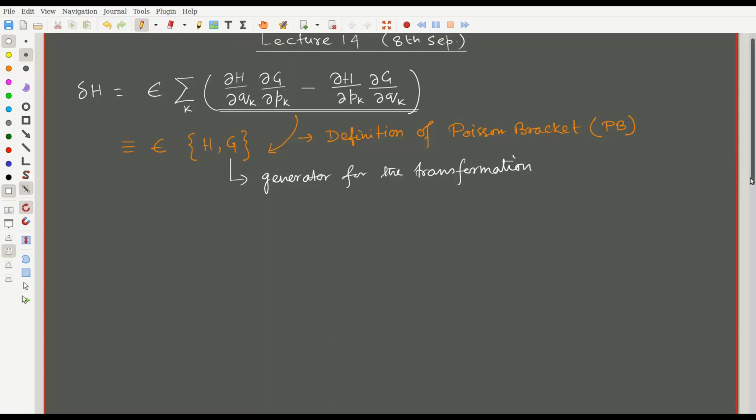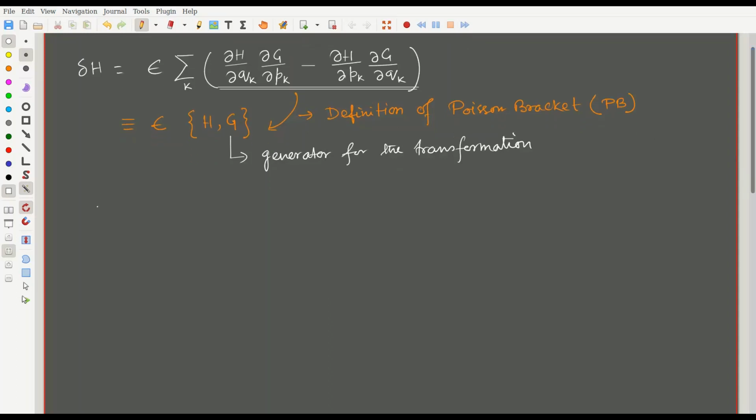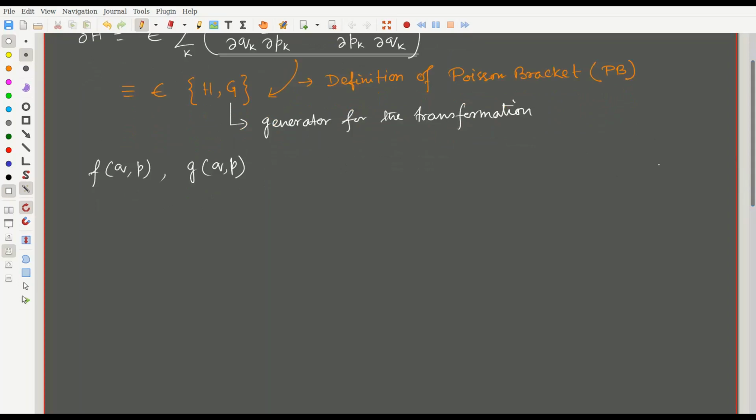So in general, the definition would be: if you have any two arbitrary functions of Q and P, suppose you have F(Q,P) and G(Q,P), then the Poisson bracket between them can be defined as {F, G} equals the summation over K of ∂F/∂Q_K ∂G/∂P_K minus ∂F/∂P_K ∂G/∂Q_K.